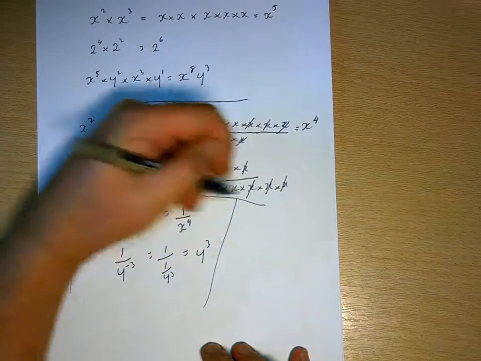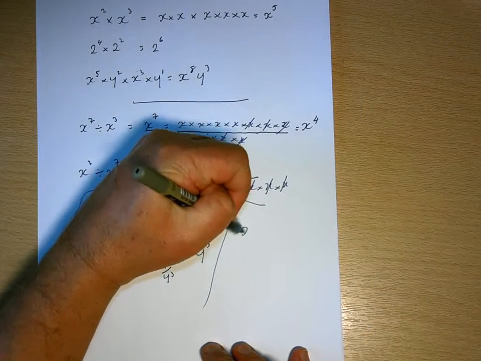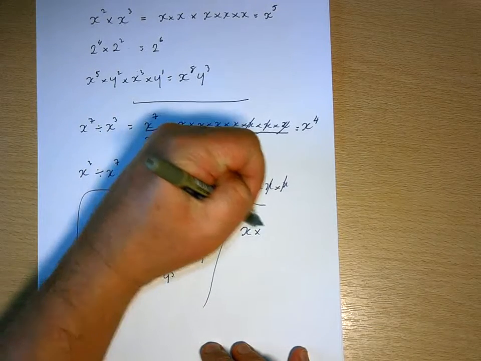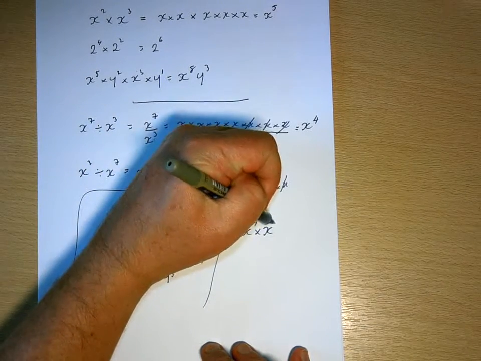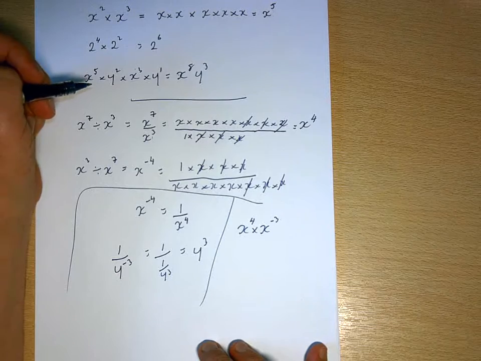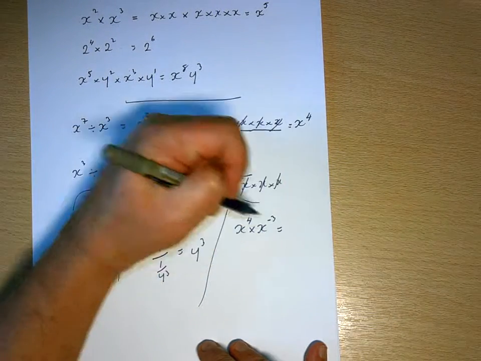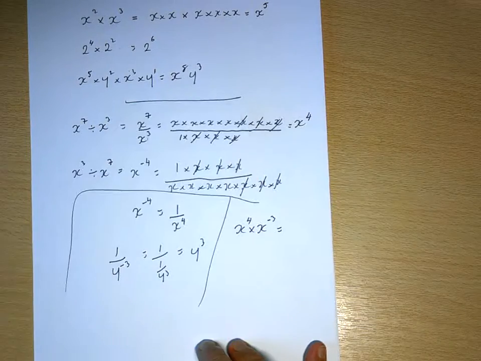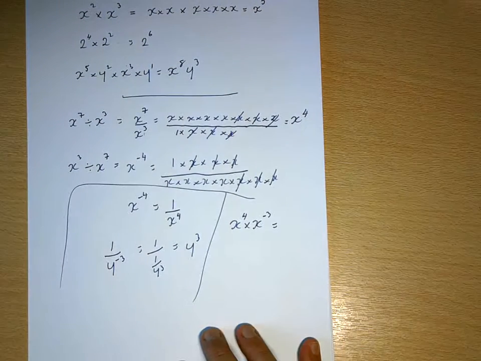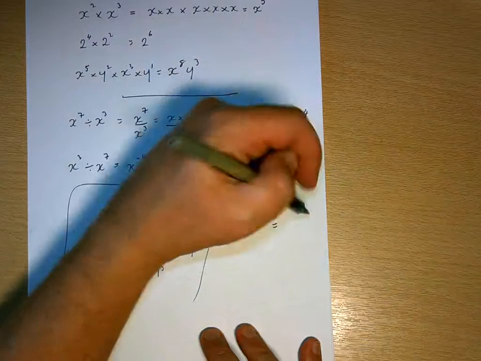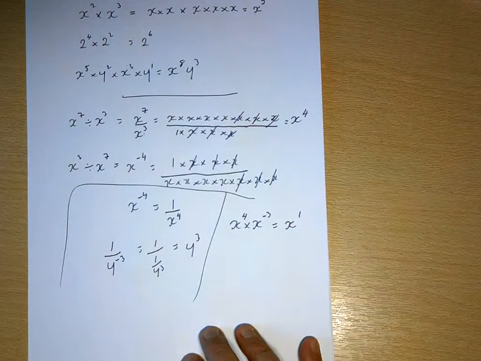Then you could combine all three. So you could end up with something like x to the 4 times x to the minus 3. So you're adding, because we're multiplying, but we're actually adding 4 plus minus 3, which is 1.